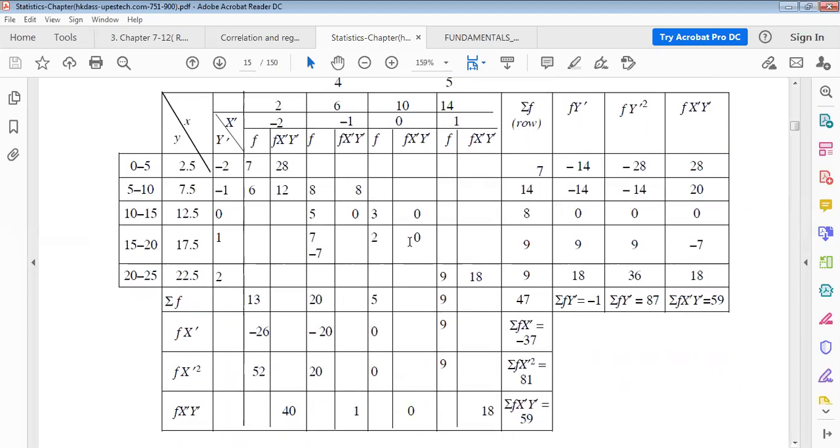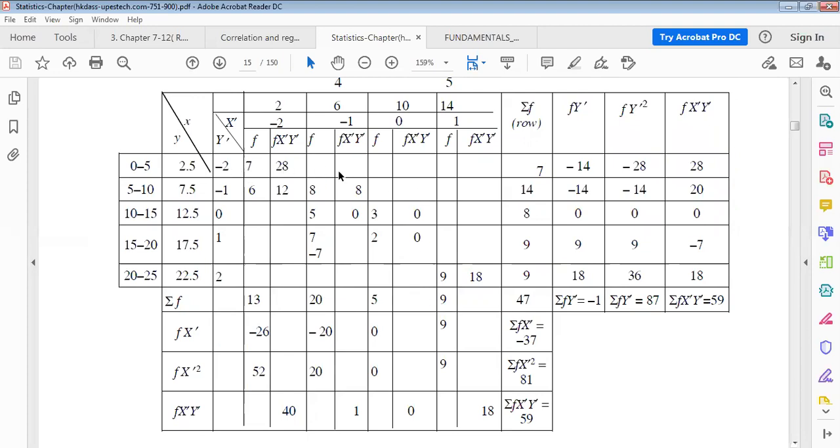So summation f, what will it be? Summation f total: 7, 6, 13, and the total frequency 20, and here total frequency 5 and total frequency only 9.